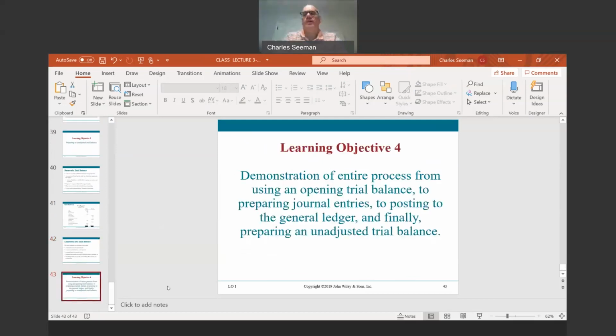Learning Objective 4, demonstration of the entire process. Now we're going to share Word, where I'm going to go through this entire process.